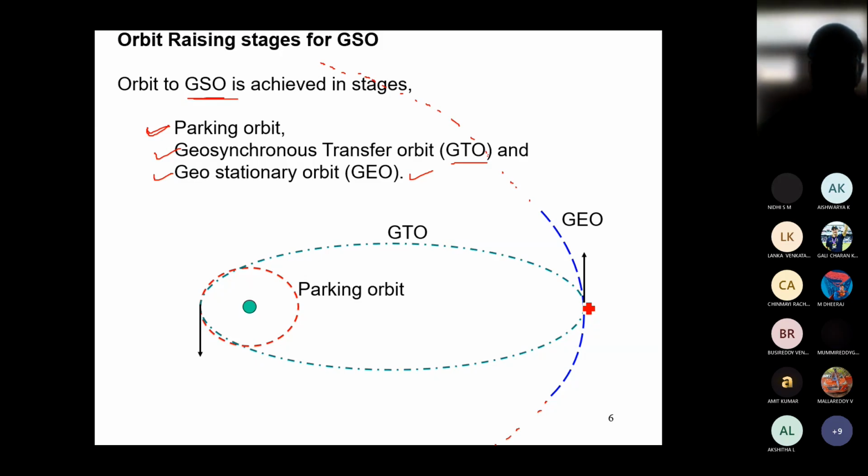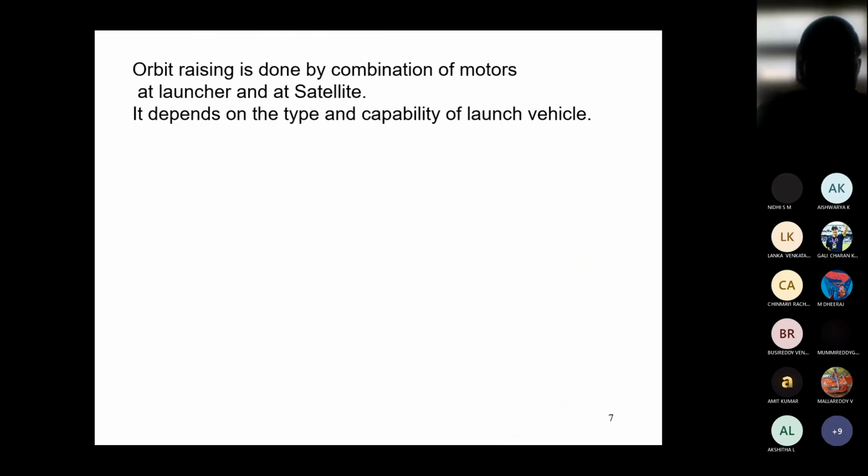Okay, so by taking an example, we will see what is the change of velocity when a satellite is launched and orbiting in the parking orbit, from parking orbit to GTO orbit, and from GTO orbit to GEO orbit.